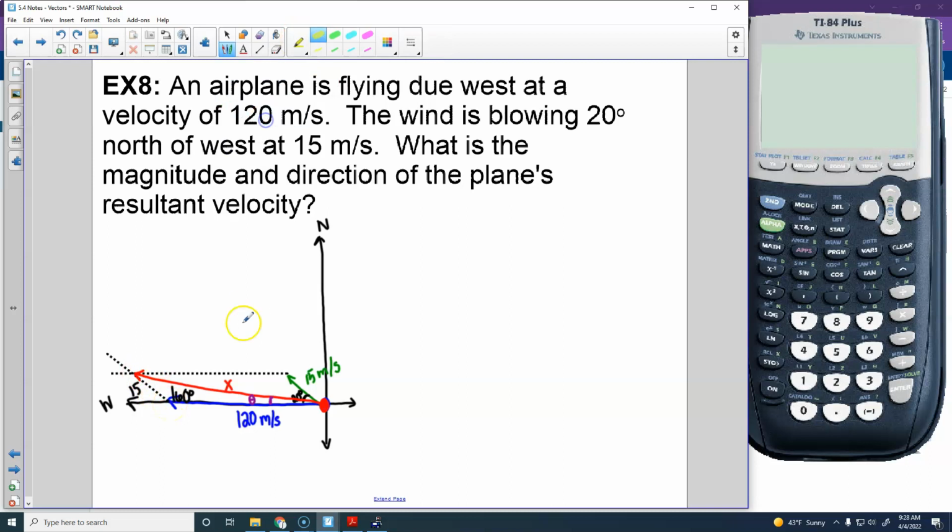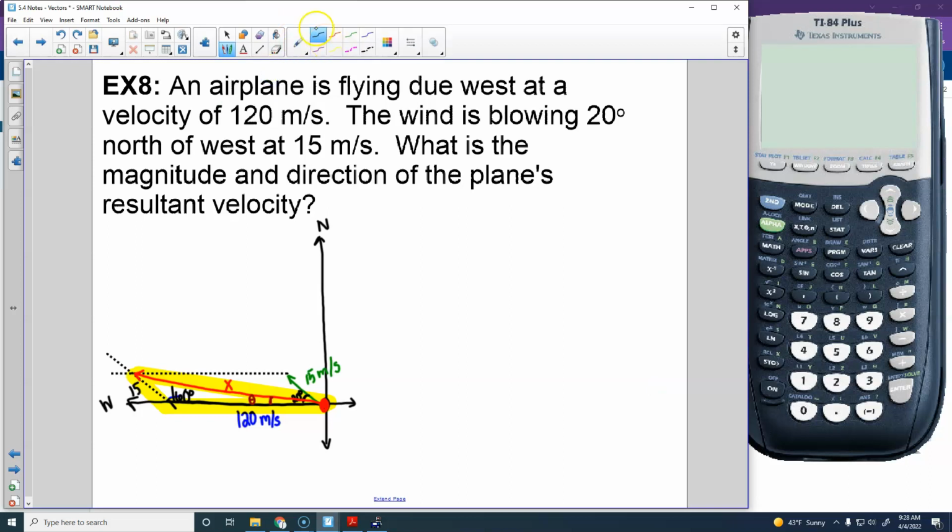You can look at either triangle, but I would suggest looking at this bottom triangle because it will give you the angle right there next to west. It's actually touching west right away. You won't have to do any calculations past that. So we need to set up to find X first.